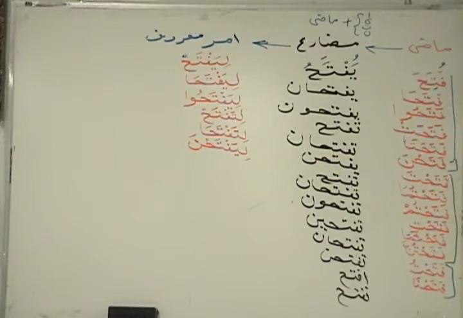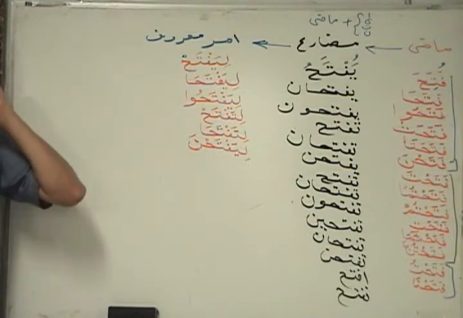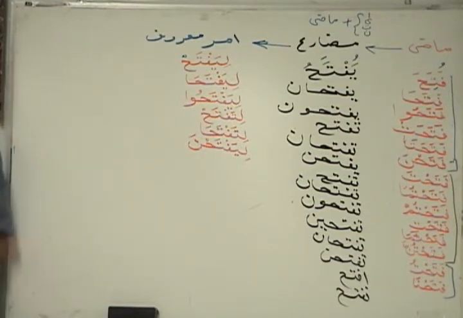So third person amr. Third person command is easy. So يفتح means he opens or he will open. ليفتح means what? It's amr. You're telling the third person to open.